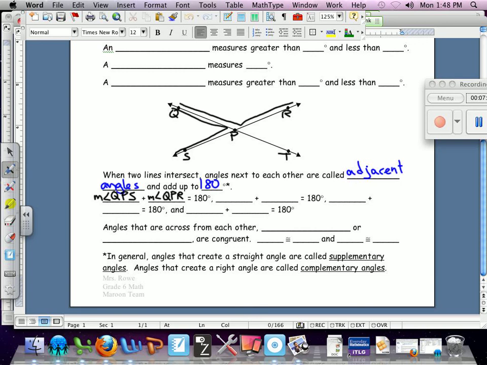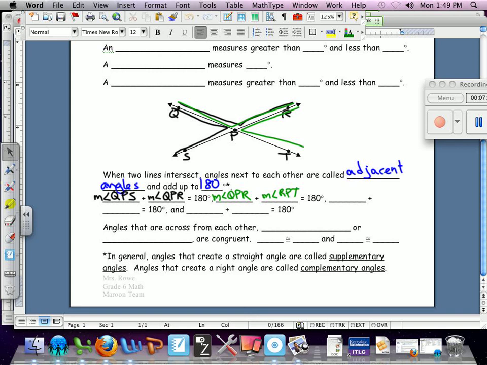Now if I work my way around, next one I'm going to look at is this one that I just left off with, its neighbor over here. So the measure of angle QPR, if I add it to its neighbor, the measure of angle RPT, they'll add up to 180 degrees.